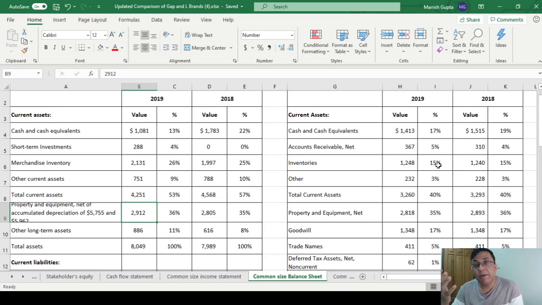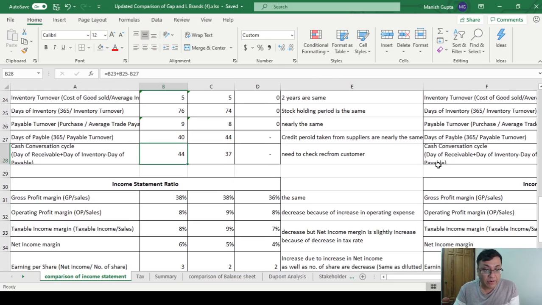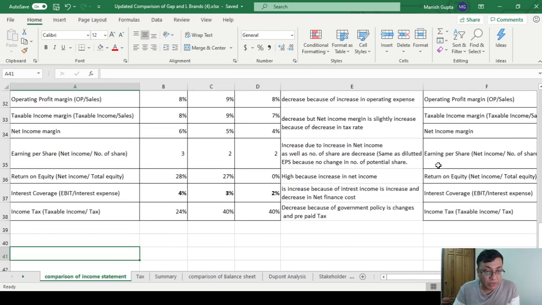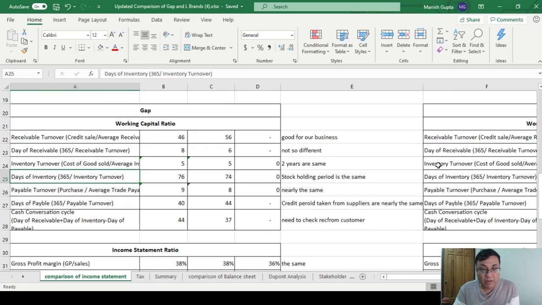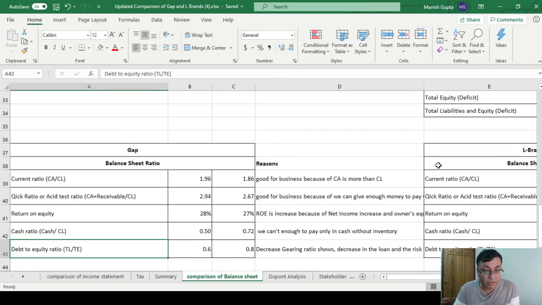Maybe you may look at the return on equity and return on assets ratio, right? If you look at the return on assets ratio, let me see if I have calculated that. Here you will see the return on equity, not return on assets.